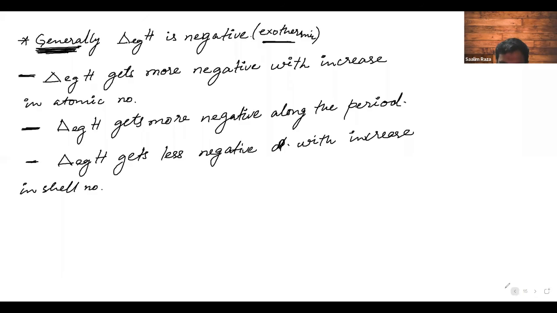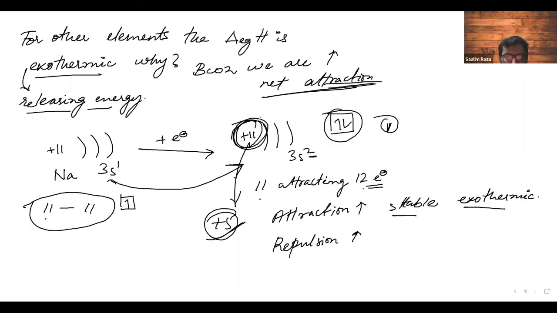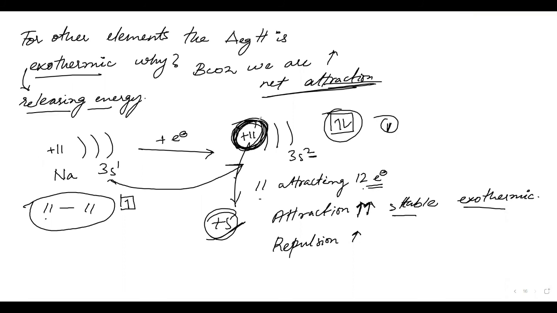Now let us go to this one. Now we are very much clear about exothermic. Now you read this: delta EGH, electron gain enthalpy, gets more negative with increase in atomic number. That means if we go along a period, we are increasing the proton number.